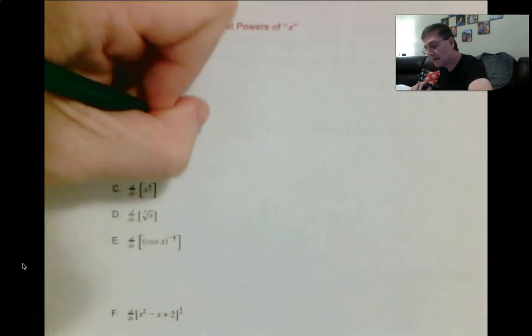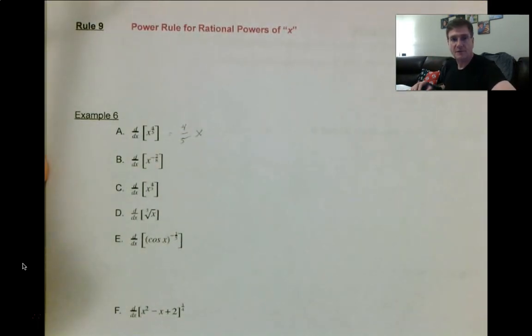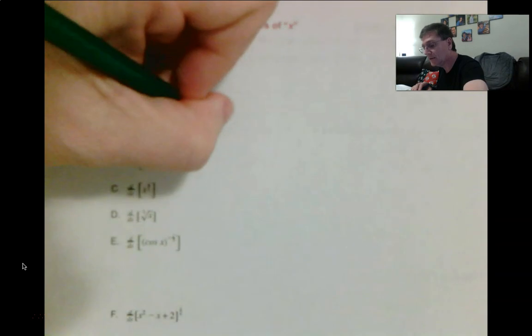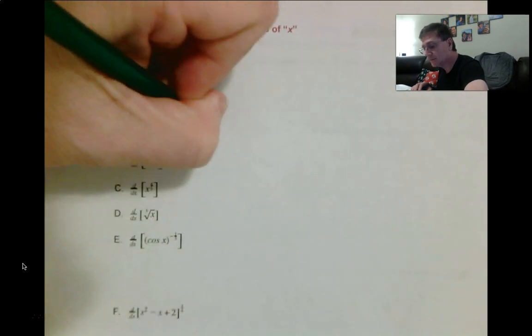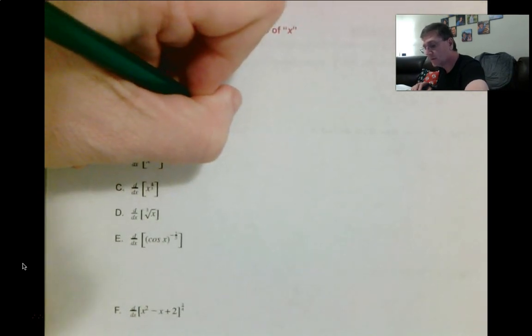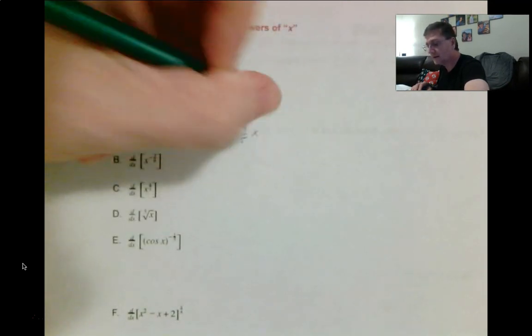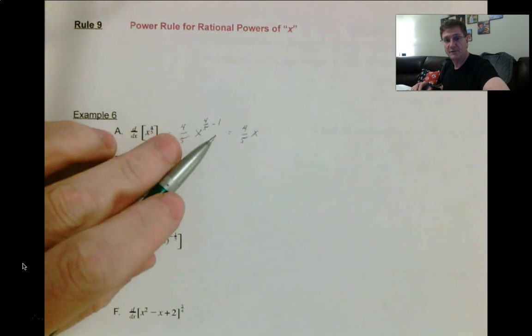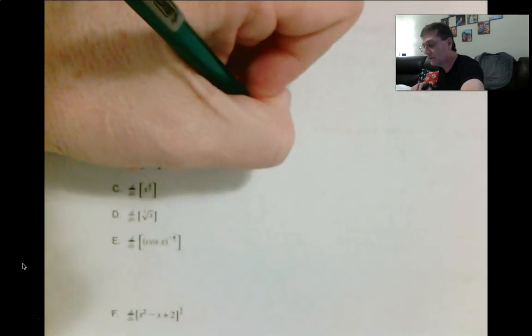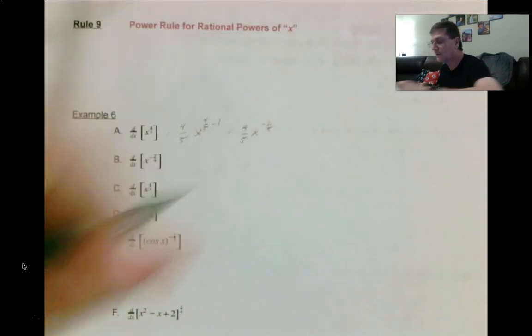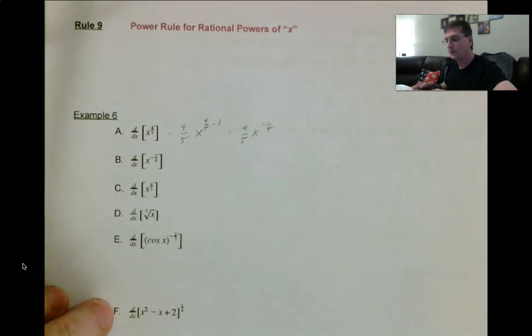Subtract 1 from the exponent. So 4/5 minus 5/5 is negative 1/5. So I'll write it just this first time: 4/5 x to the negative 1/5 power.